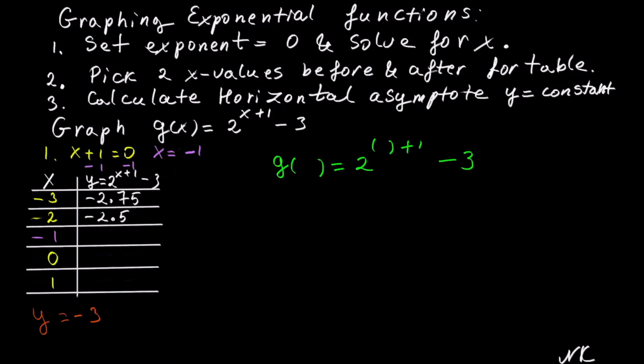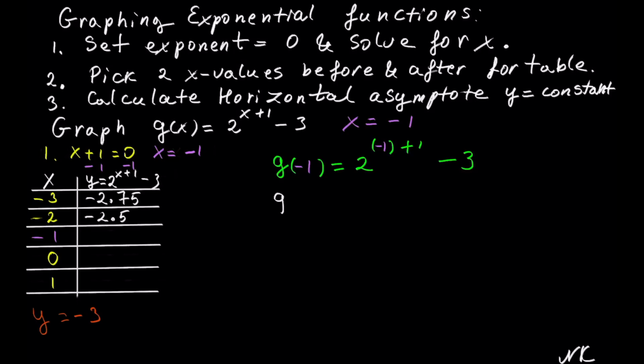So when x is -2, y is -2.5. Let's calculate the y value at the center of the graph, at x equals -1. So let's calculate g of -1 by plugging in -1 for x. We get g of -1 is equal to 2 raised to the negative 1 plus 1, minus 3.